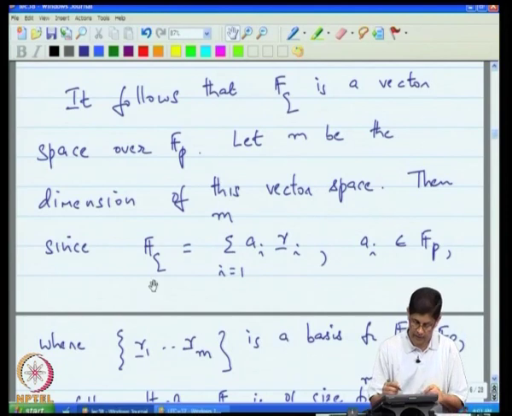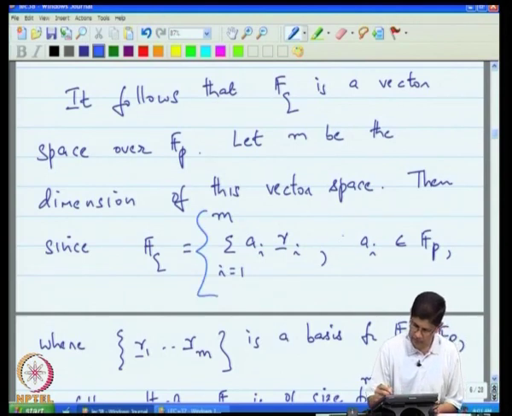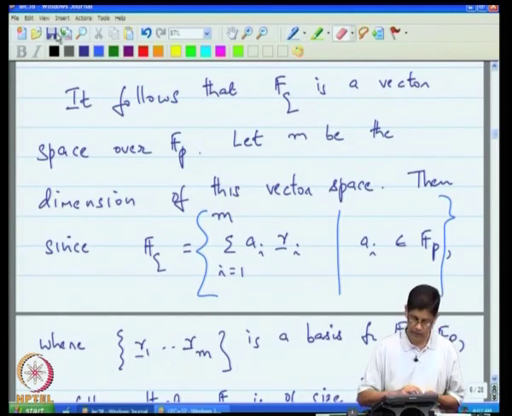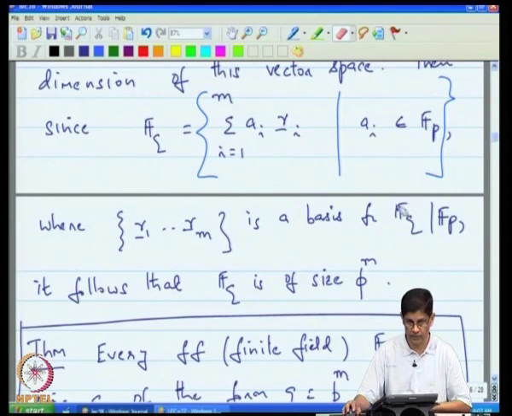But there is an interesting property that we can call upon here with respect to vector spaces, namely that you can describe all the elements in the finite field like this. That is, you can take a basis for this vector space over this field, let that basis be gamma 1 through gamma m.